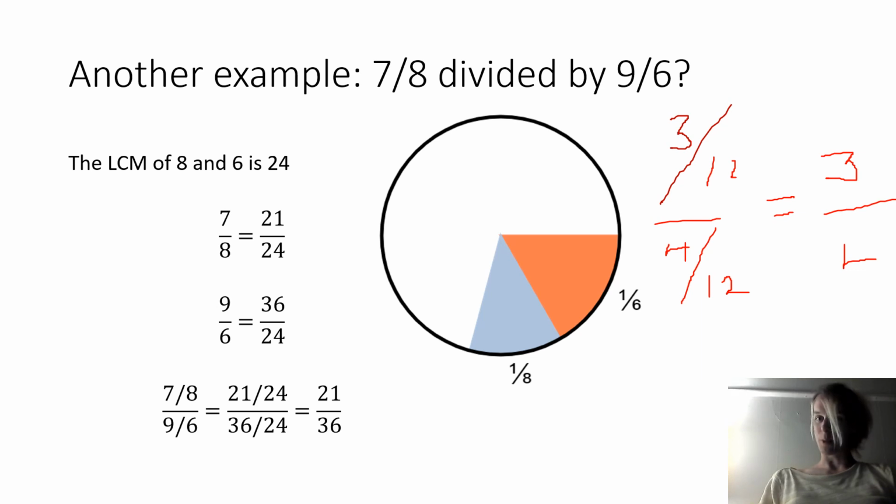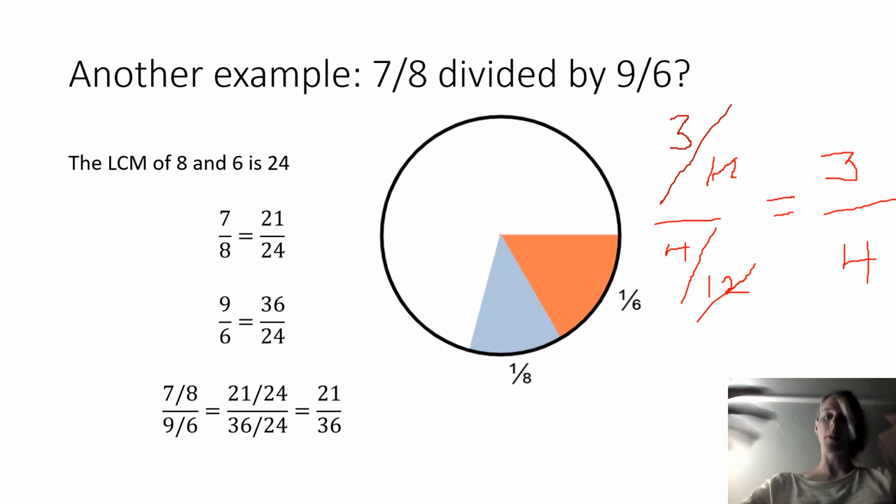This is why people talk about clearing the common denominator in division. 3/12 divided by 4/12, somehow these 12s are canceling out. Basically, if you divide a fraction by a fraction with the same denominator, you can just pretend the denominators don't exist. But the reason why is the explanation we just gave.